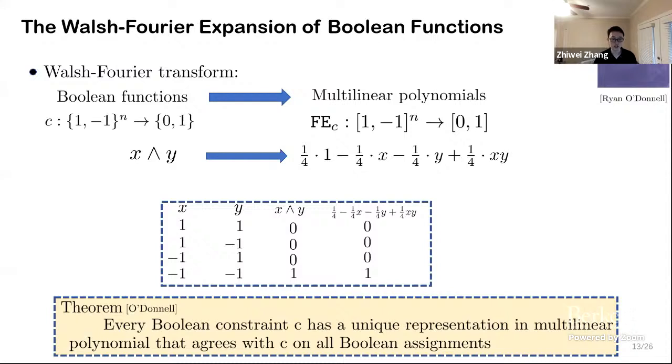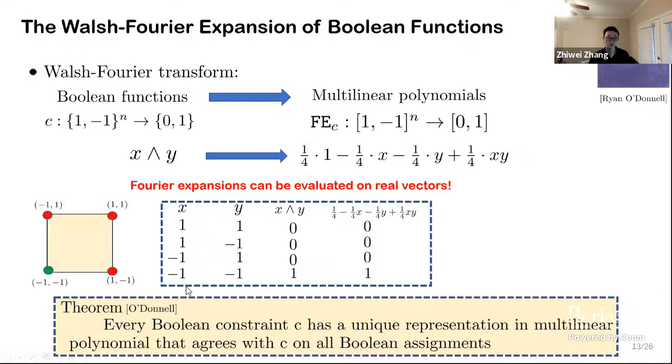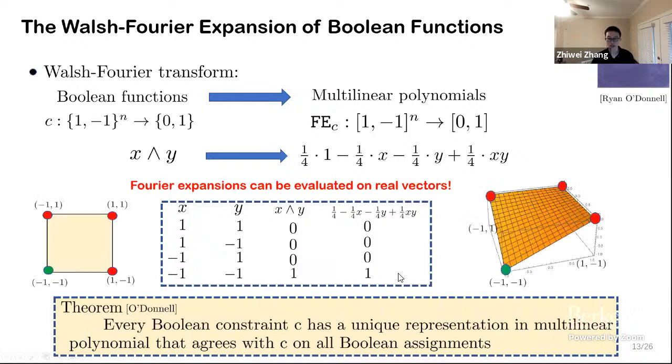And this phenomenon is general in the sense that every single Boolean constraint has a unique representation, a multilinear polynomial that agrees with the constraint on all the Boolean assignments. But what happens on the real vectors? The polynomial itself does not prevent us from evaluating it on real vectors. If we do so, we may generate a surface in high dimensional space, which is useful in our framework. So how does it help us to evaluate our objective function?